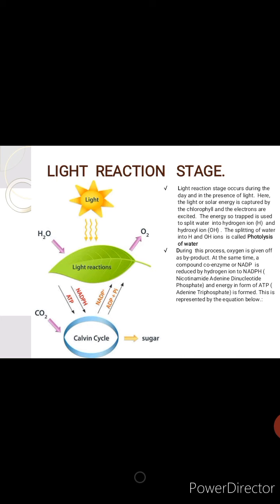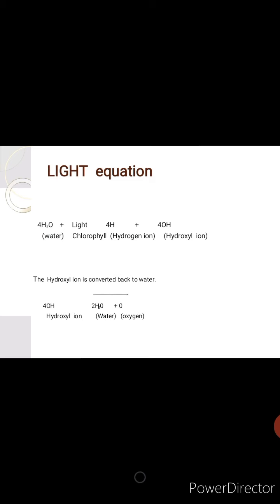The full meaning of NADP is nicotinamide adenine dinucleotide phosphate. And energy in the form of ATP, that is adenosine triphosphate, is formed. What is ATP? ATP is a form in which energy is stored, used by all living cells. And here is the equation.